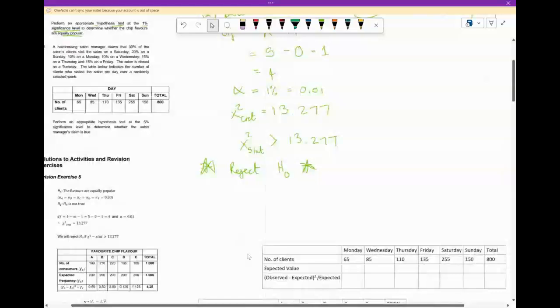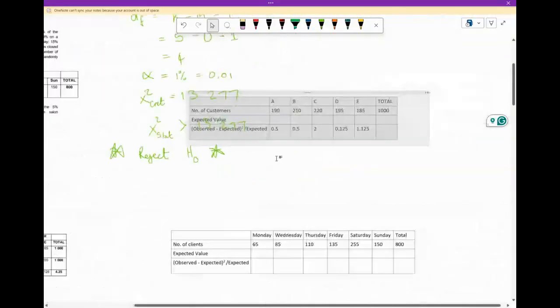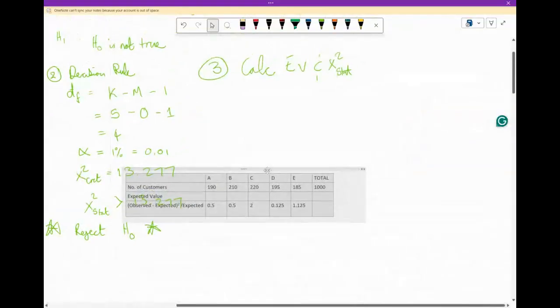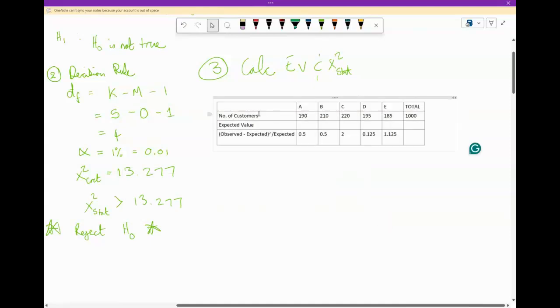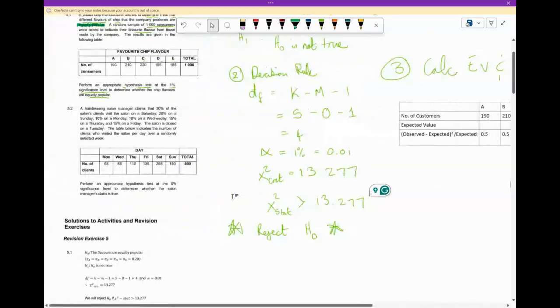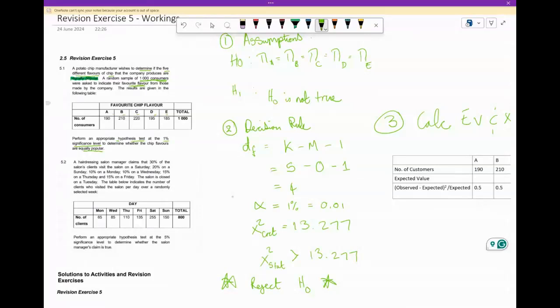All right, so this is what I was busy with this whole time, just to save us some time here, because I think we're now really getting the point of this. So we've got our table there. We want to get our expected values. But in this question, what did they say? They said a random sample of 1,000 customers were asked to indicate their favorite flavor from those made by the company. Okay, so this is what I actually wanted.